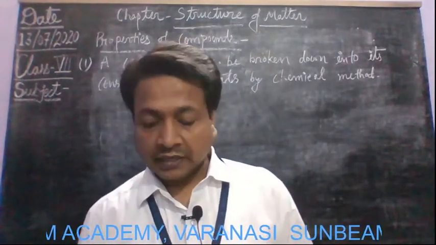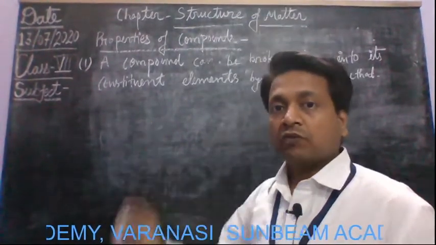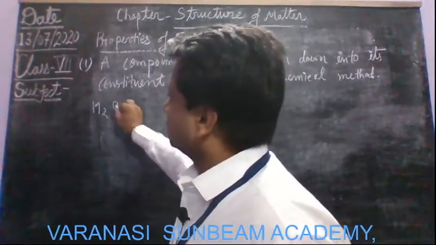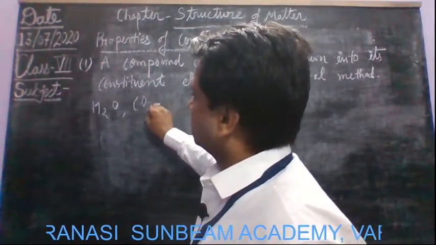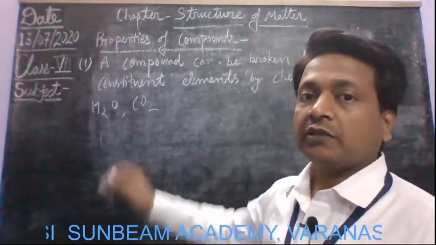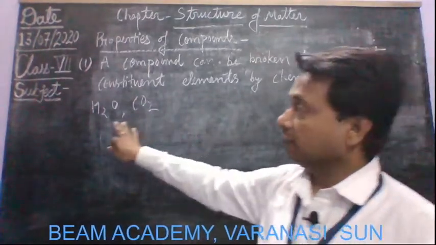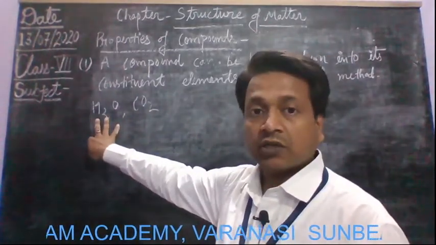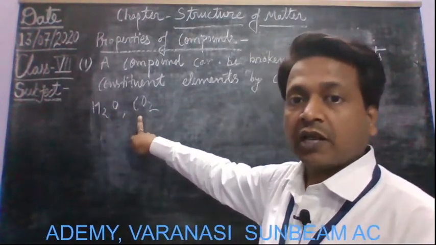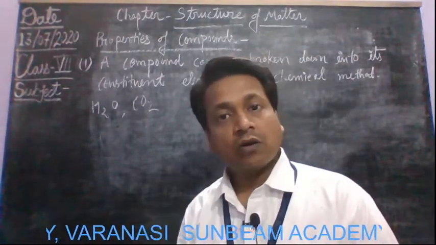So simply it explains that when a compound forms, take the example of water or carbon dioxide. These both are compounds. When they are broken down into their constituent elements, water has the constituent elements hydrogen and oxygen, and carbon dioxide has the constituent elements carbon and oxygen.